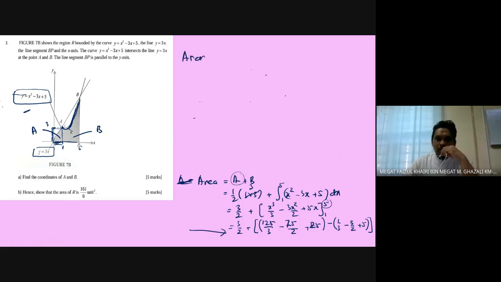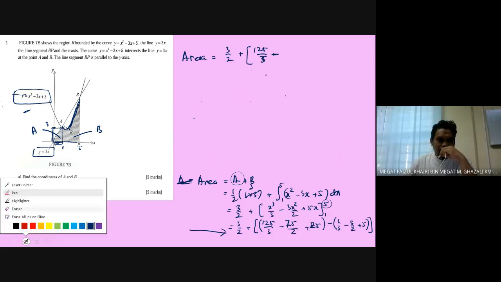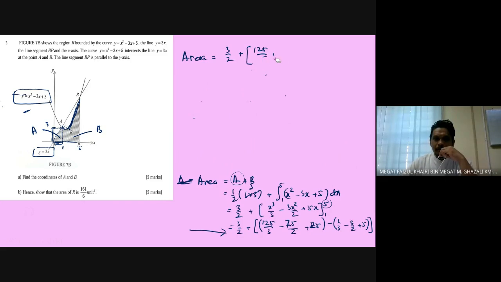Area equal to 3 over 2 plus, now we got 125 divided by 3 minus 75 over 2 plus 5 times 5, 25, minus 1 over 3 minus 3 over 2 plus 5.